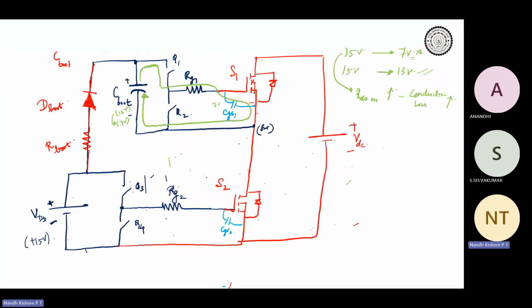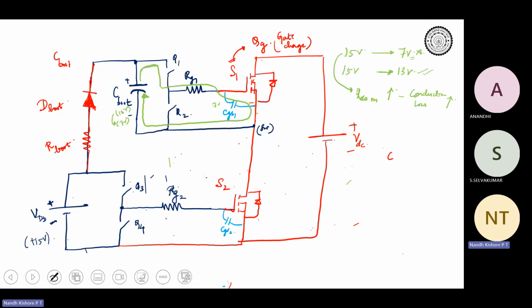So how do I do that? See, from the device perspective, if you go to the device data sheet, they will tell you the gate charge required, QG. Gate charge is given in the device data sheet. So from that, can you link the capacitance with charge?